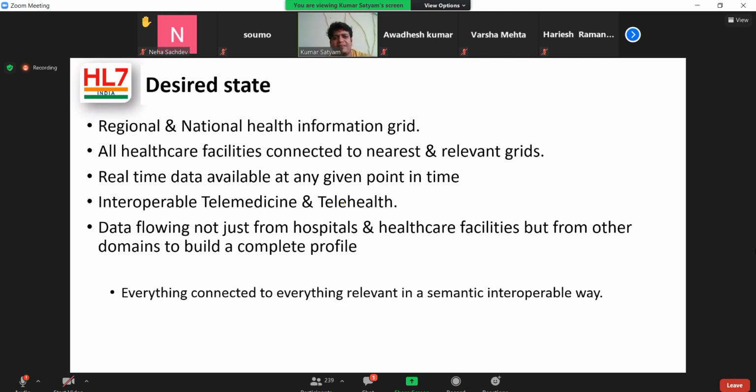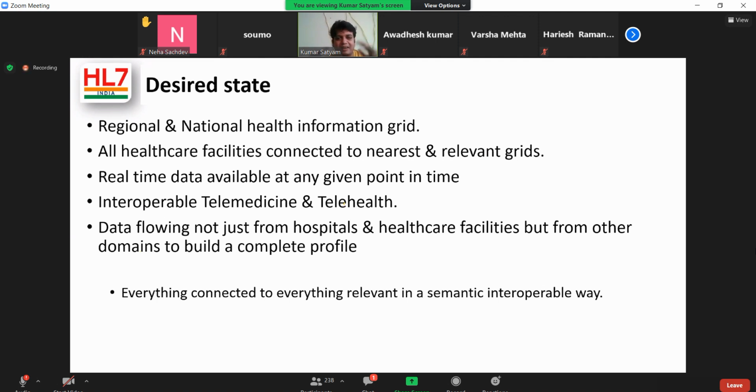So everything connected to everything in a relevant, semantic, interoperable way. Everything that is important should be connected, and everything that provides information to the doctor to take better decisions should be available to him at that given point in time, right? One thing to distinguish: dumping all the data is not interoperability.